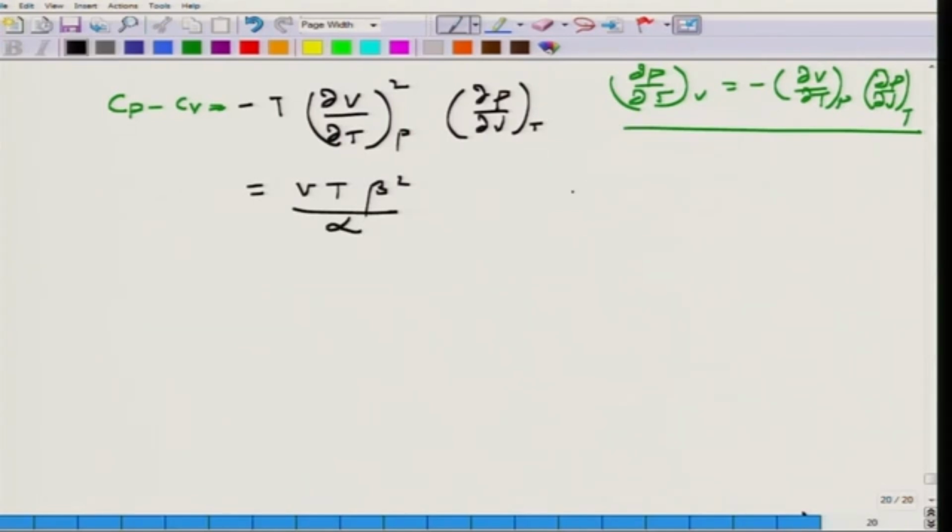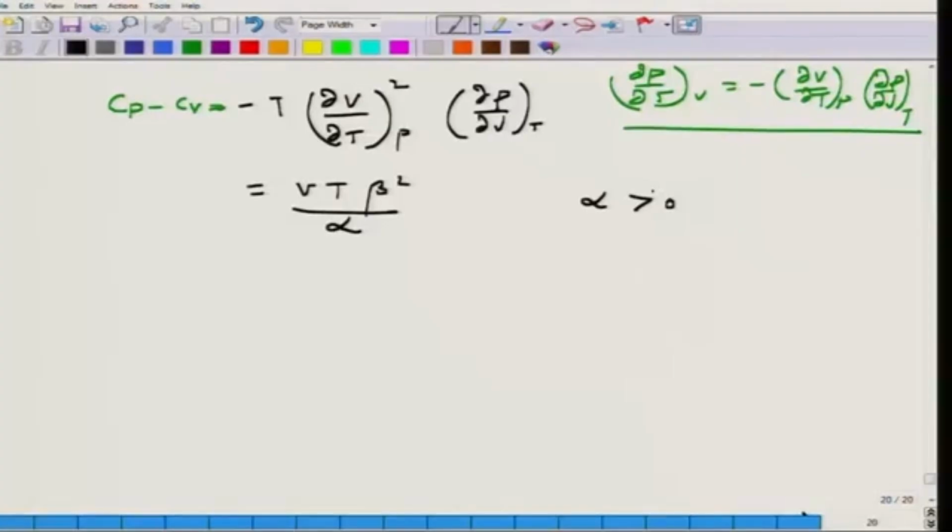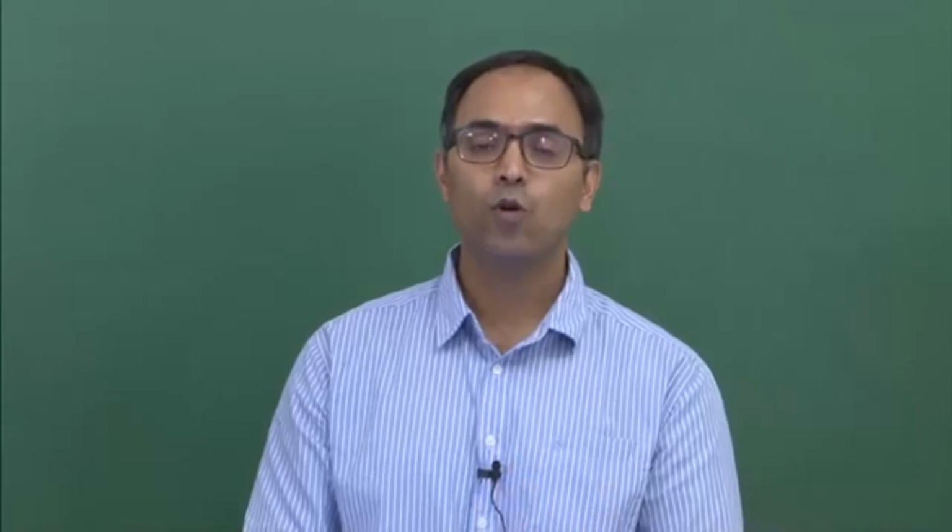Now alpha is the isothermal compressibility. Your ∂V/∂P is always negative, and alpha is defined as minus 1 by V times that, so alpha is always greater than 0. But beta usually is positive but can be negative. For example, for water, beta is maximum at 4 degrees Celsius, but it is negative below 4 degrees Celsius.